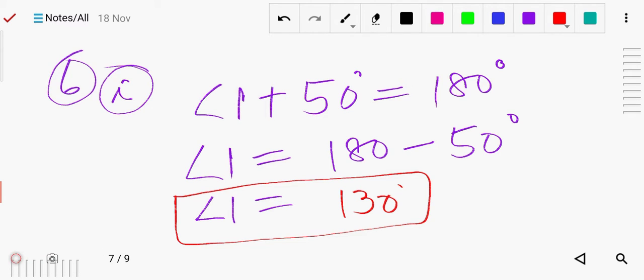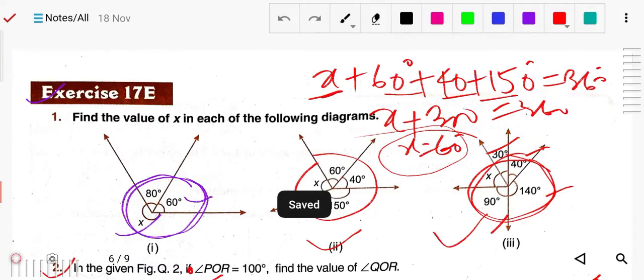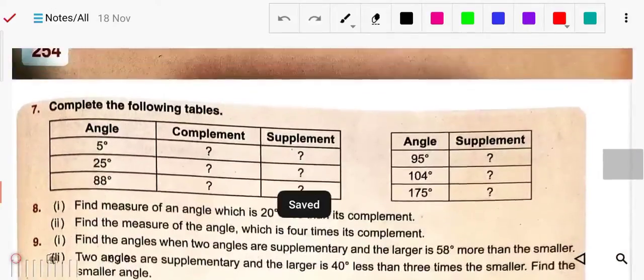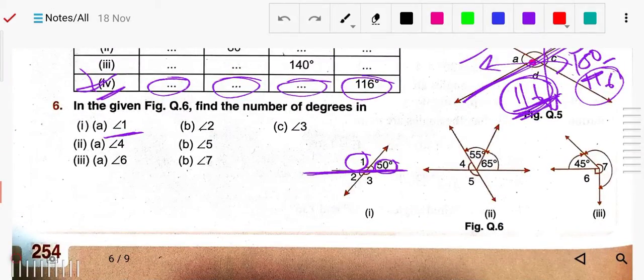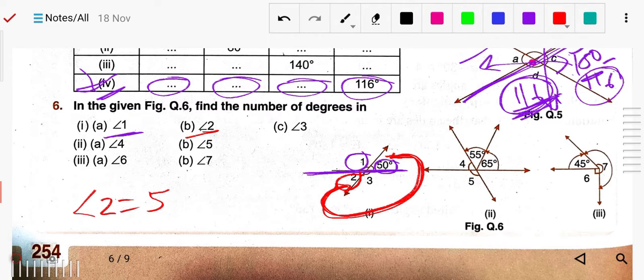Now next we have to find angle 2. You can check that this angle 1, this 50 and this angle are vertical opposite angles. So directly you can write angle 2 equals 50 degrees.